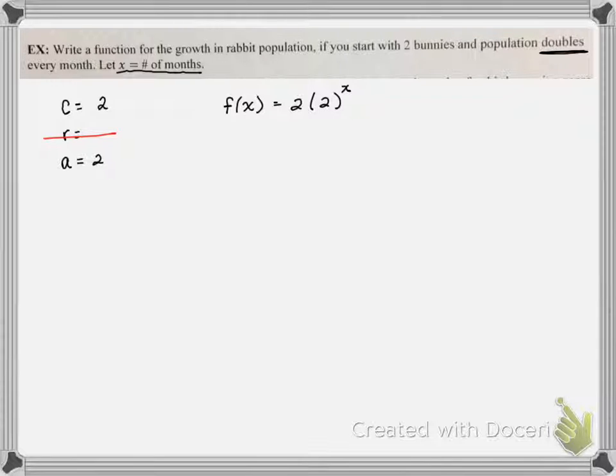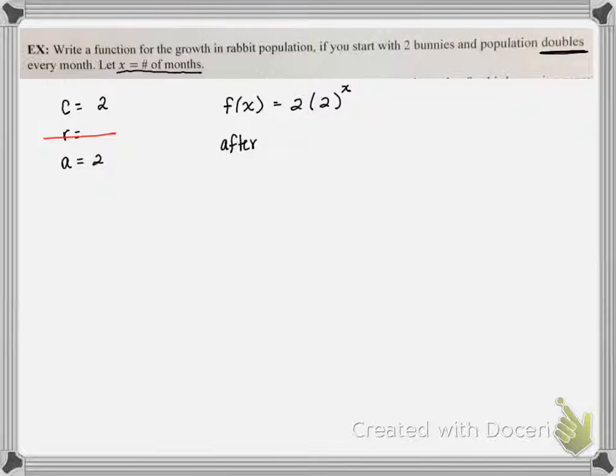Yeah. Do you guys agree? So after 5 years, just out of curiosity, does that seem reasonable, like what we know about rabbits, that they go from 2 to 64 in 5 years?